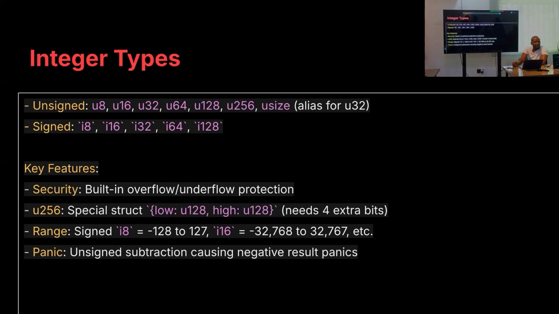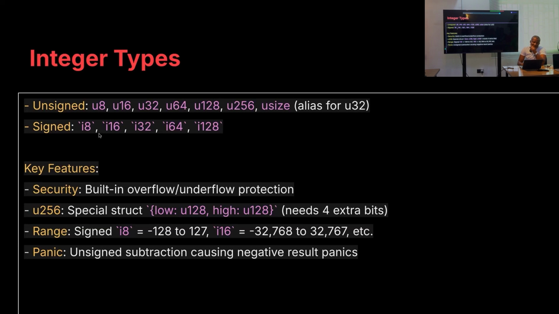So for our unsigned integers, we have U8, which has an upper bound of 2 raised to power 8 minus 1. We have U16, 2 raised to power 16 minus 1, up to U256, and 256 is a very large number. We also have usize, which is an alias for U32. Are you following? That is for the unsigned integers.